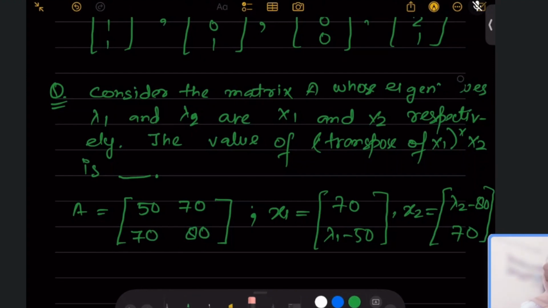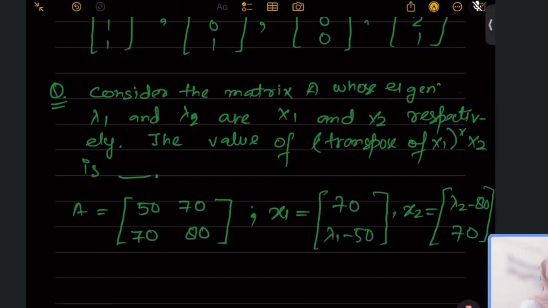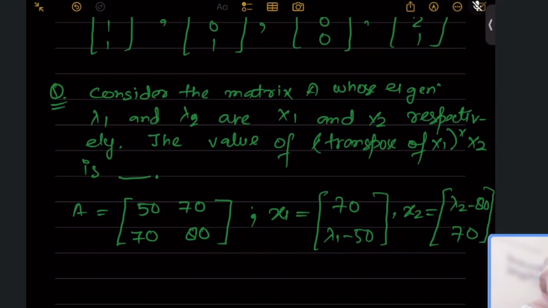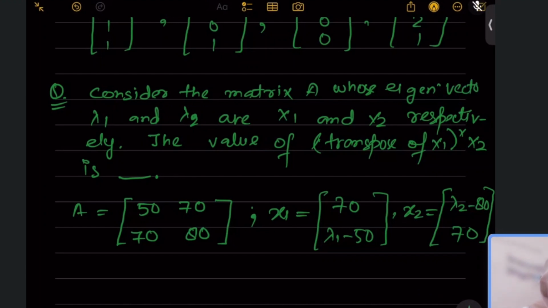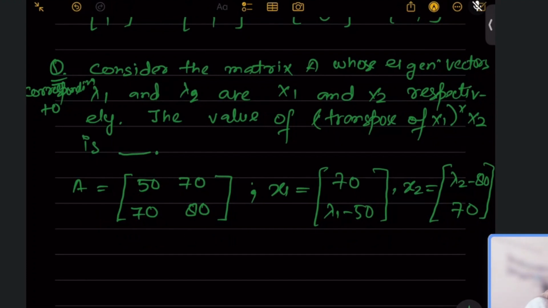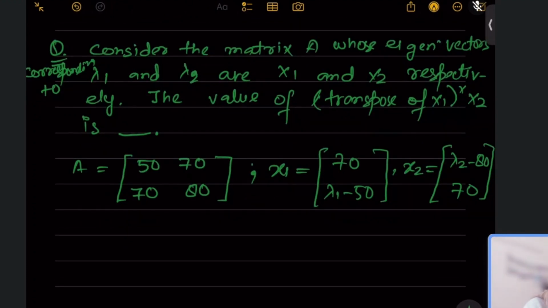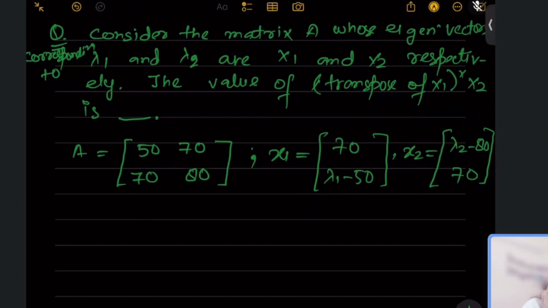So lambda 1 and lambda 2 are the eigenvalues of the matrix A and the corresponding eigenvectors are x1 and x2. Correct. Now the value of the transpose of x1 into x2 has to be found. So try to solve it on your own. Then we will discuss.